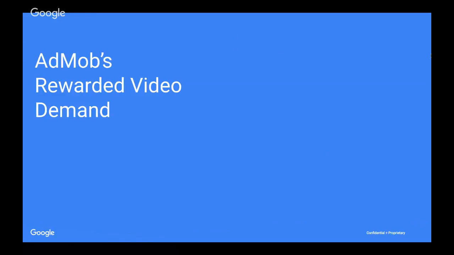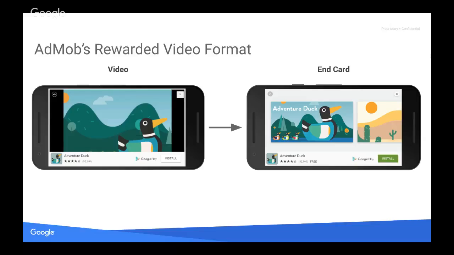So what's AdMob's rewarded video demand? This is a typical example of a rewarded video ad. And what you have is you will always see the video ad in full screen mode, and you will always have the opportunity to leave the ad, which is something that Google always offers and which is key to the user experience.